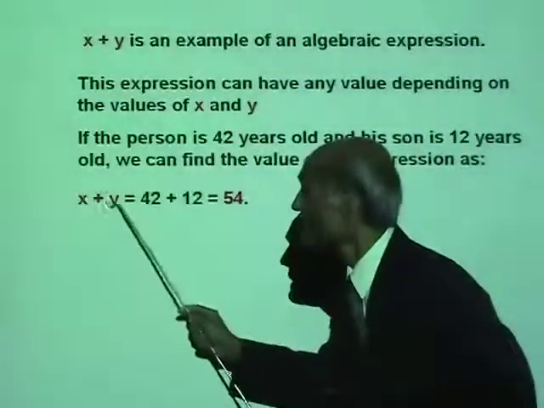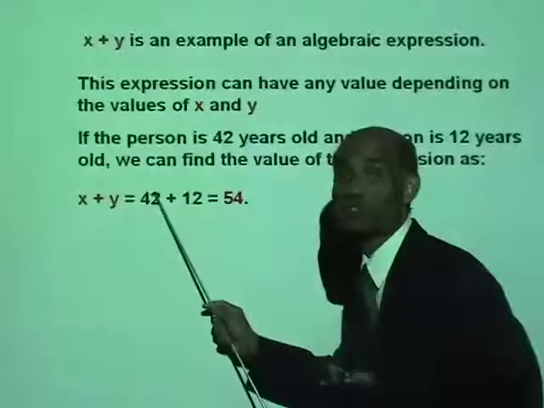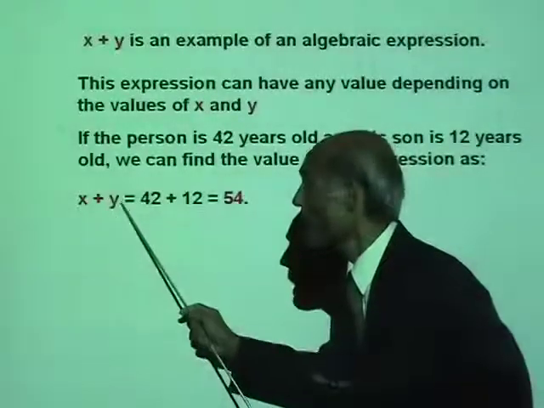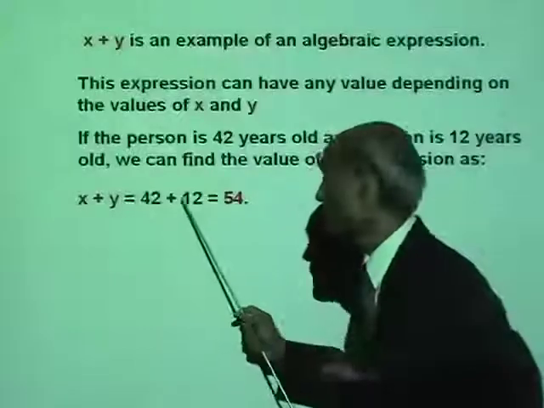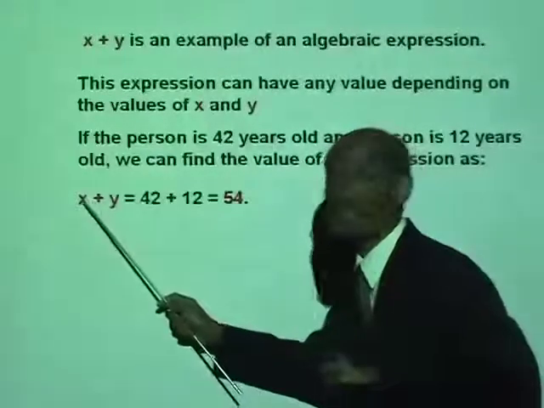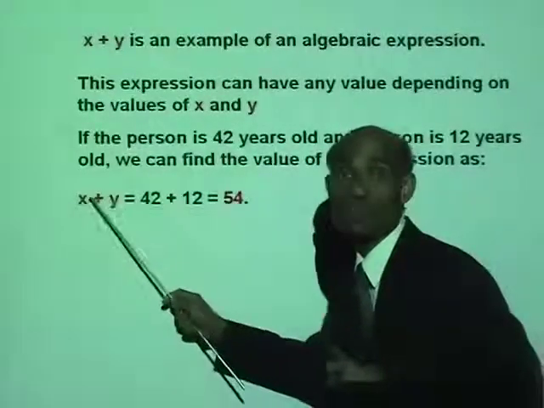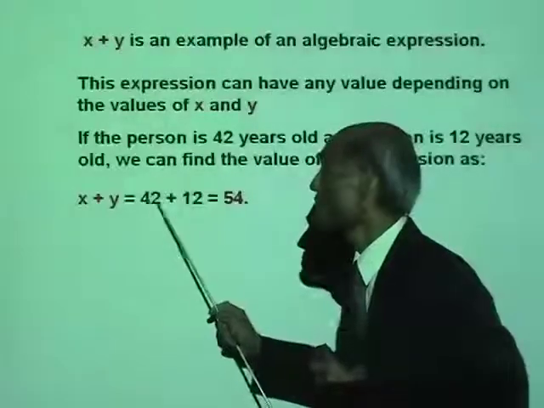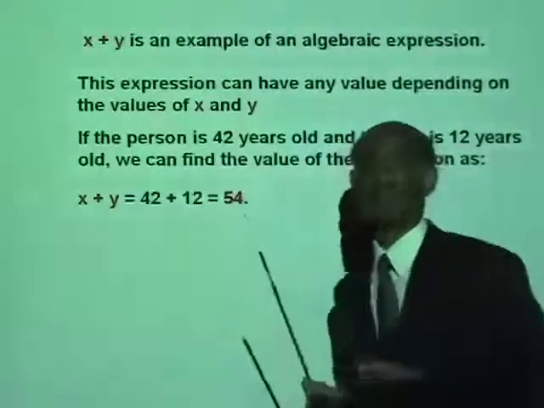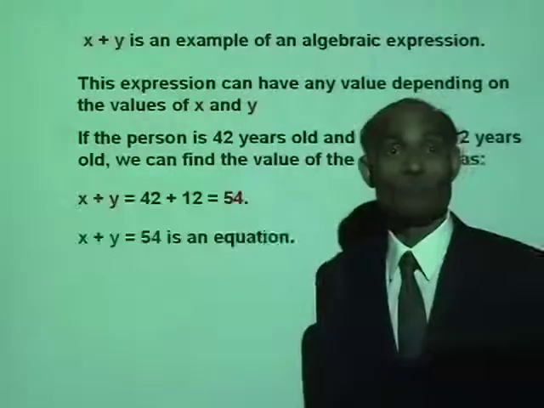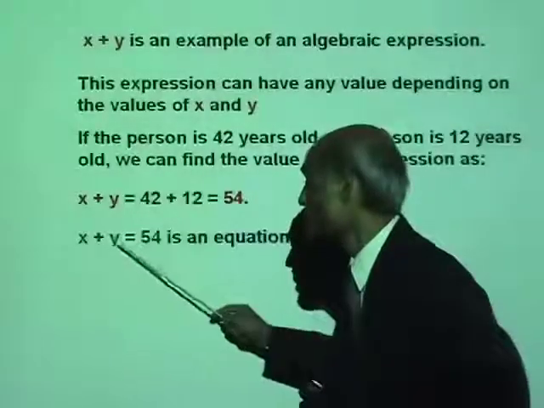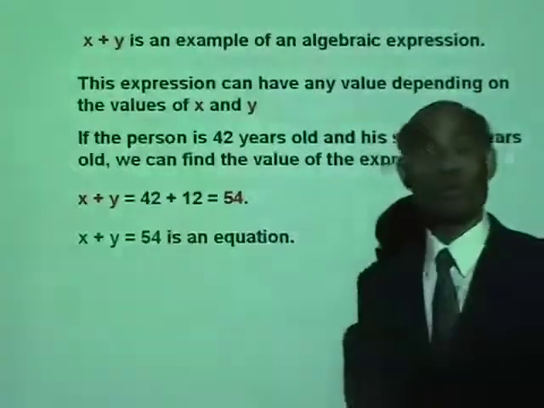Replace x by its value, that is 42. And replace y by its value, that is 12. So the sum of the ages of the two people is 42 plus 12, that is 54. You see, x plus y equal to 54.